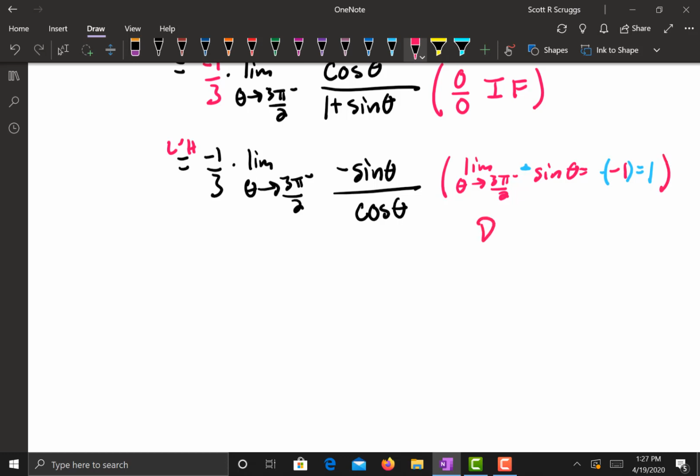Now let's check what happens with the denominator. I know that if I just plug in 3 pi over 2, cosine will be 0. But let's analyze a little bit to determine whether I'm going to get a positive or a negative infinity. Well, let's look at the curve for cosine over 1 period.